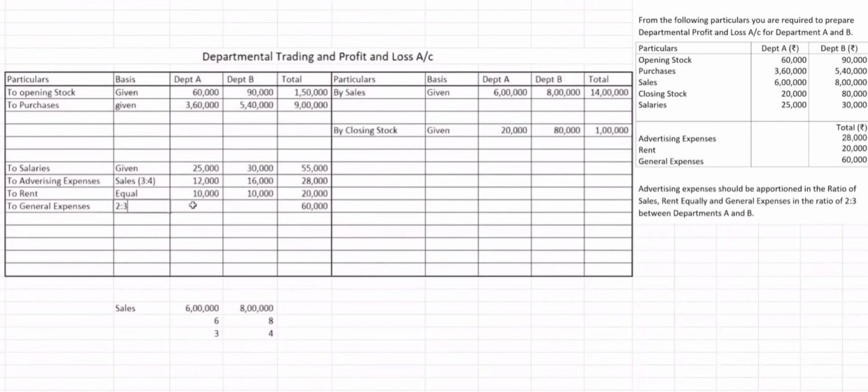So if we will calculate the same, it will be 60,000 multiplied by 2 divided by the total of the ratios 2 plus 3, 5. So it is coming as 24,000. And here again 60,000 multiplied by 3 divided by the total of ratios 5. So it is coming as 36,000.